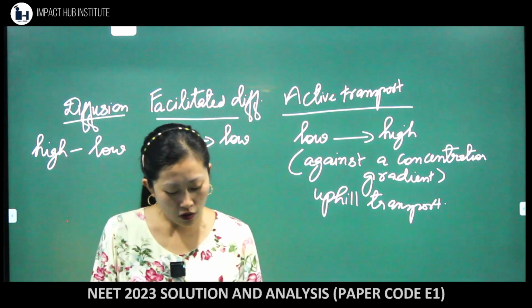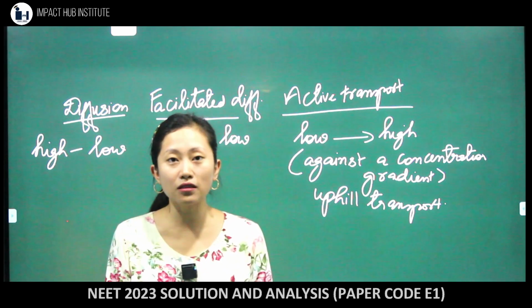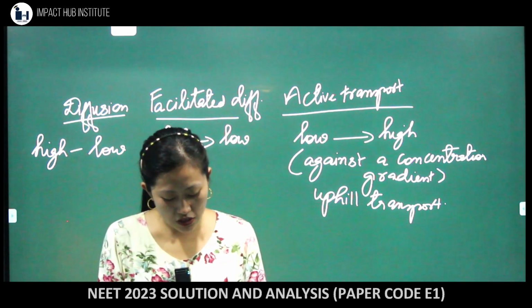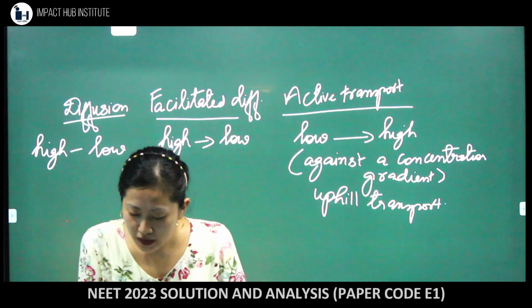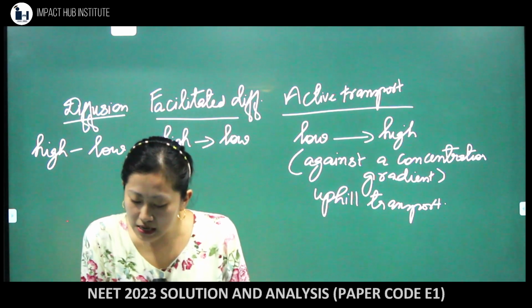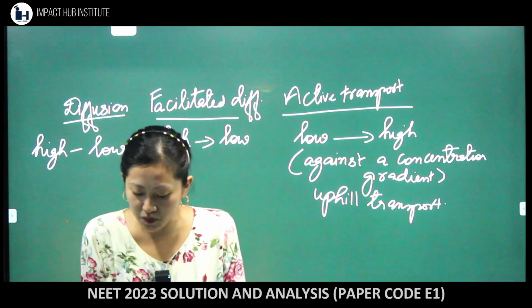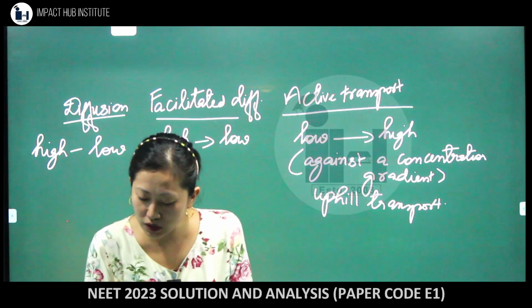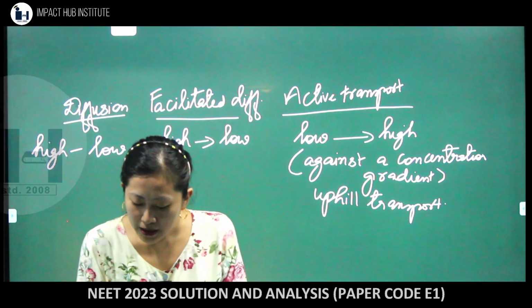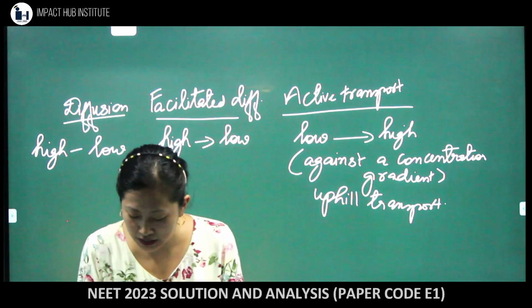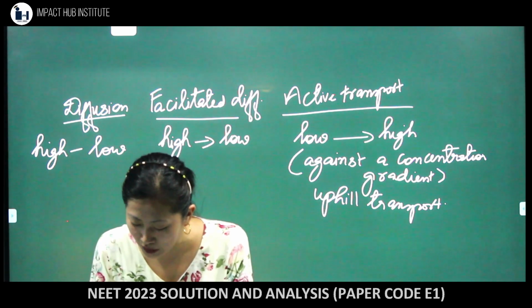They are habitat loss and fragmentation, alien species invasion, co-extinction, and overexploitation. Here they're asking us out of these 4, which is the most important cause driving extinction of species. The most important cause will be habitat loss and fragmentation. So for question number 107, the correct answer will be option 1.